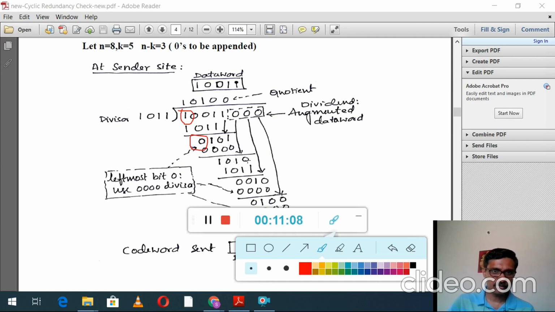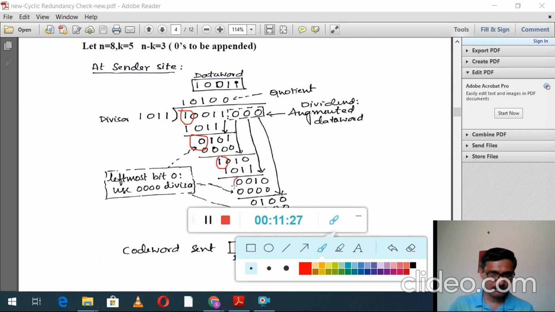And this 0 is taken here. Now again, the leftmost bit is 1, so 1011 is taken as the divisor. Again perform XOR: 0 XOR 0 is 0, 1 XOR 1 is 0, 0 XOR 1 is 1. And this 0 is taken.